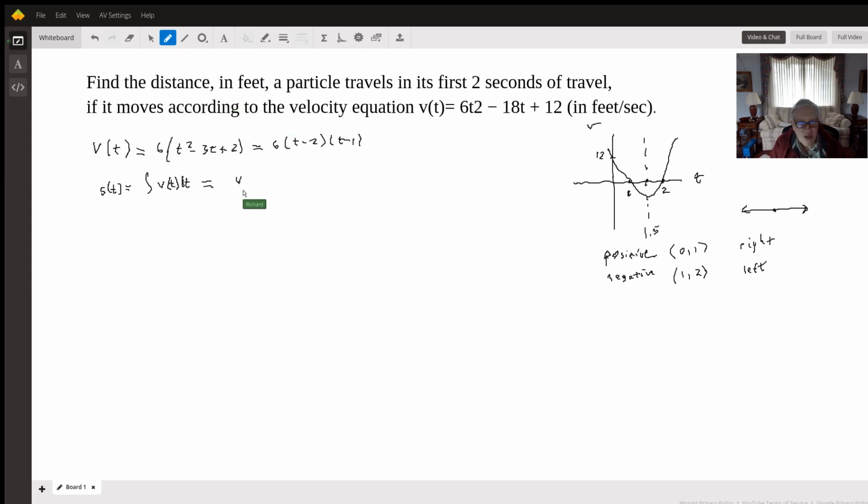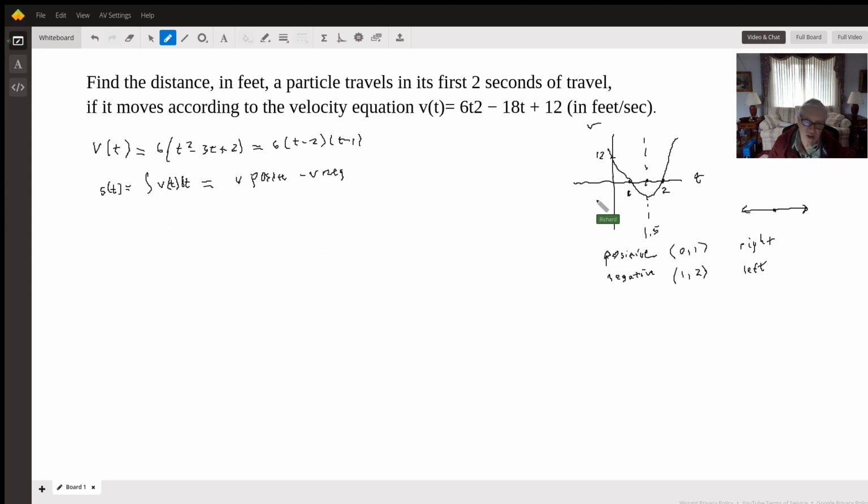It's going to be the positive portion minus the negative portion, because this is going to give us, moving to the left, the location, which is s here. The location is going to give us negatives.